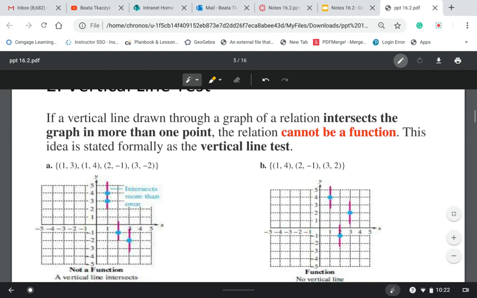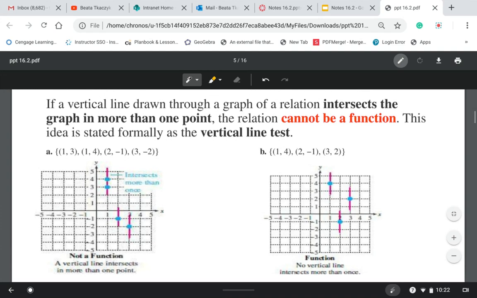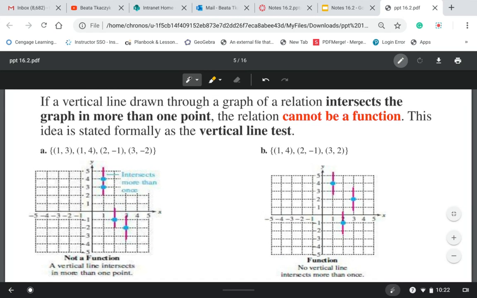Okay, so how the vertical line test works. Here we have a problem which shows you how the vertical line test works. We have a relation with the given set of ordered pairs: 1, 3, 1, 4, 2, -1, and 3, -2.